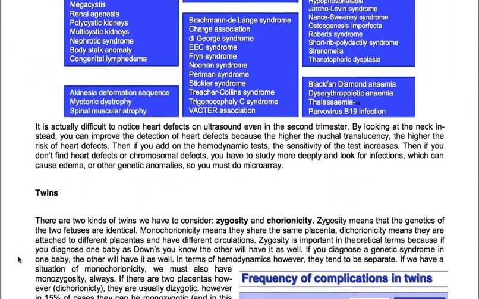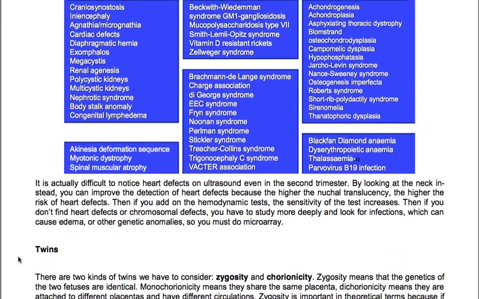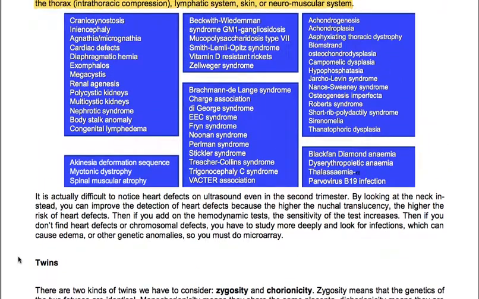It's always difficult to notice heart defects on ultrasound, even in the second trimester. By looking at the neck instead, you can improve the detection of heart defects, because the higher the nuchal translucency, the higher the risk of heart defects.